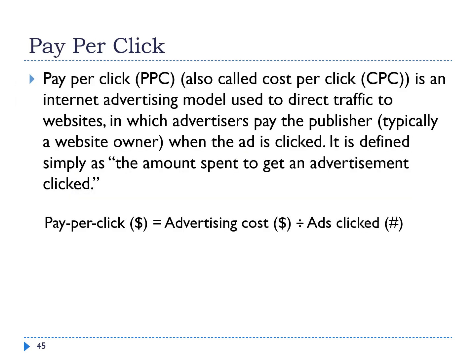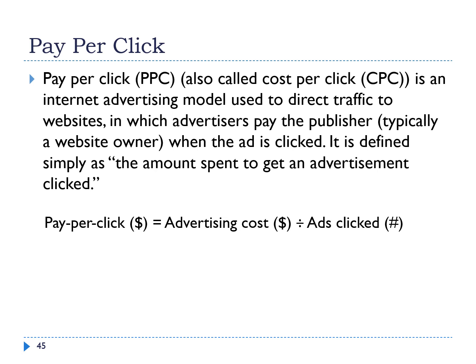Okay, first let's introduce a concept called pay-per-click. Pay-per-click, also called cost per click, is an internet advertising model used to direct traffic to websites, in which advertisers pay the publisher, typically a website owner like Google, when the ad is clicked.